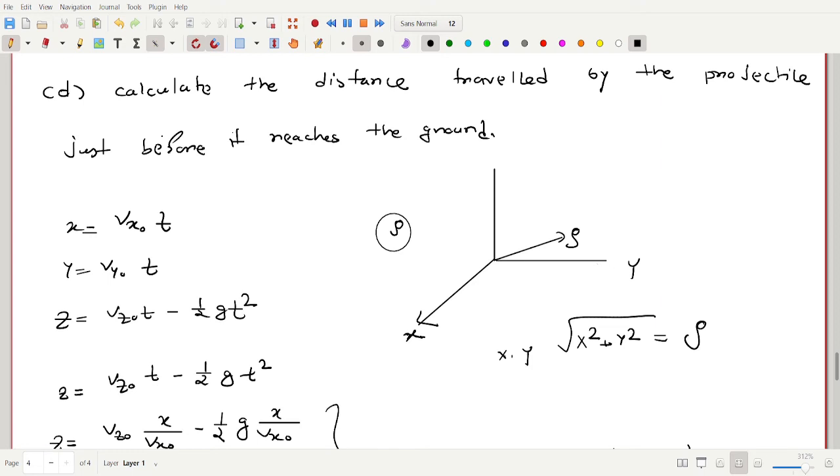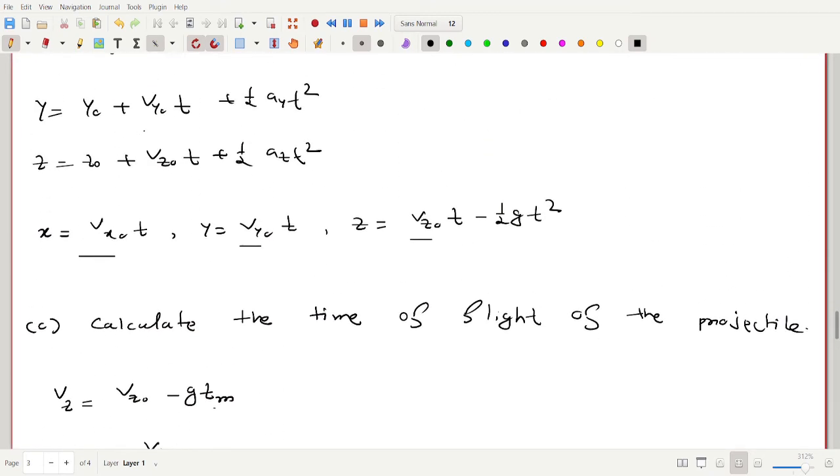Okay, so how can we do that? We need to calculate the time.